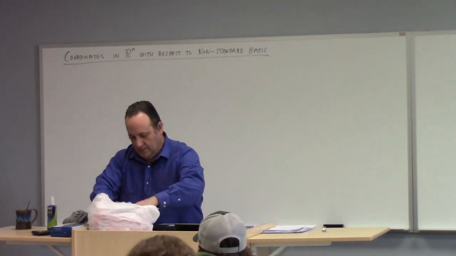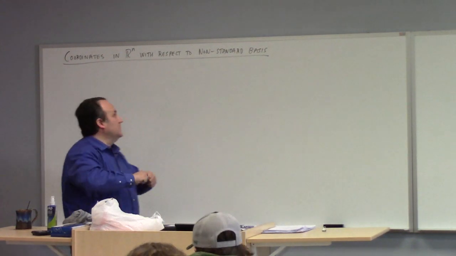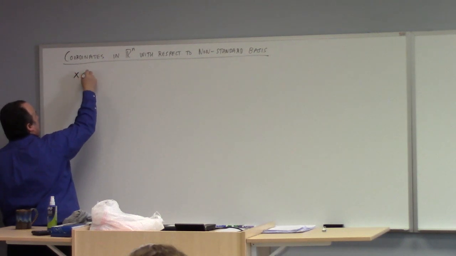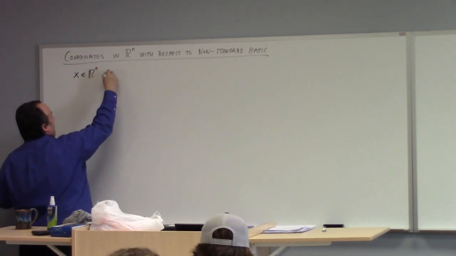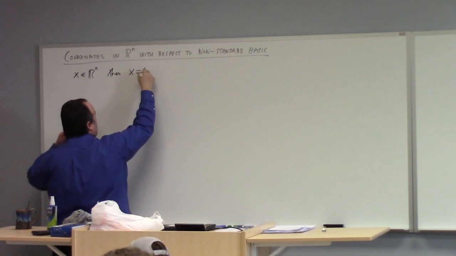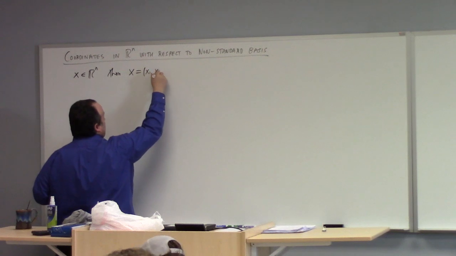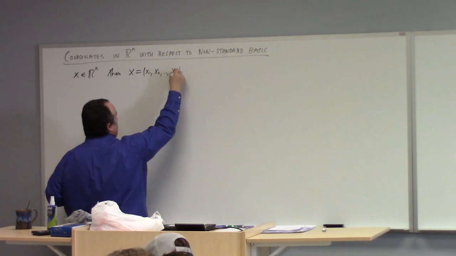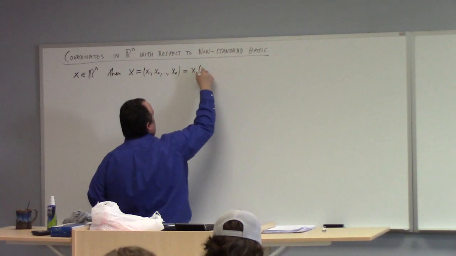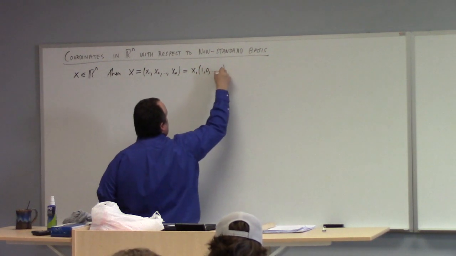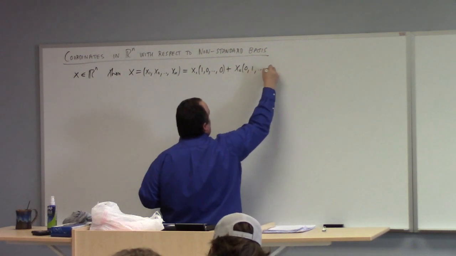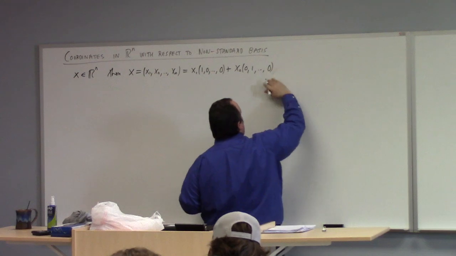So, I mean, we've been using these. So if we have x is an element of Rn, then we know the drill. X is equal to x1, x2, xn, which I can rewrite as x1 times 1, 0, 0, plus x2 times 0, 1, 0, and then so forth and so on.